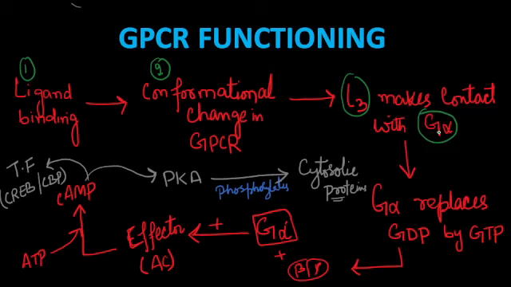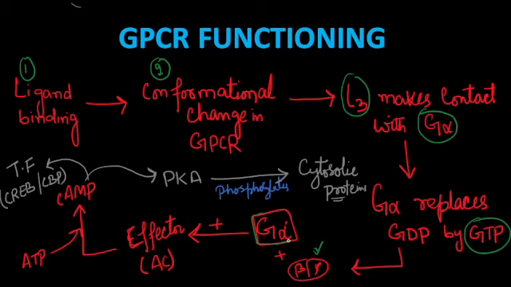Once L3 gets attached, G alpha will sense this conformational change and it will replace the GDP by GTP. And once GDP is replaced by GTP, the G alpha will lose its affinity with the beta and gamma subunit and it gets separated from beta and gamma.